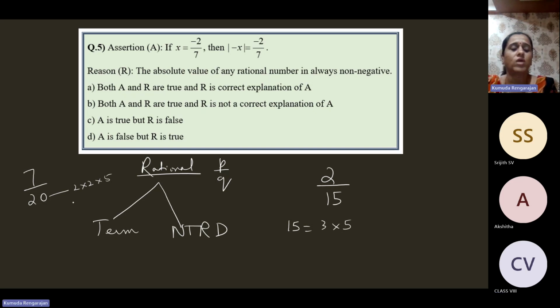What are the primes in the factorization of 20? Only 2 and 5. Two 2s, one 5, that's fine. You don't see any other prime factor other than 2 or 5. Then 7 by 20 has a terminating decimal expansion.